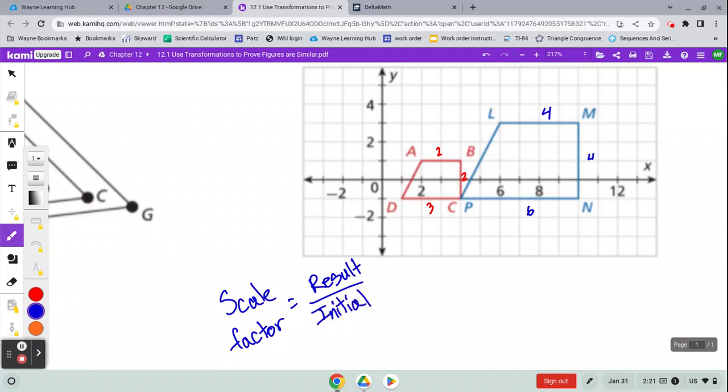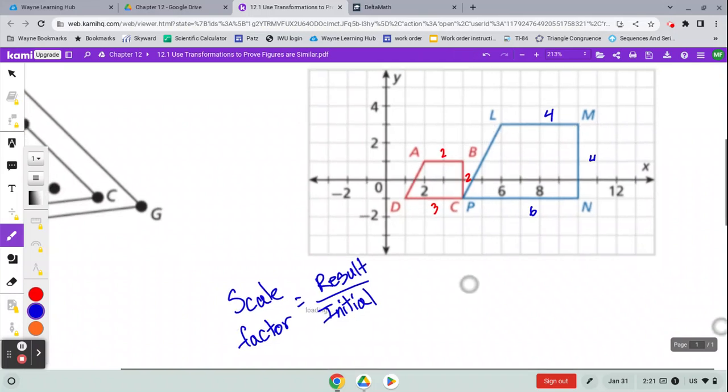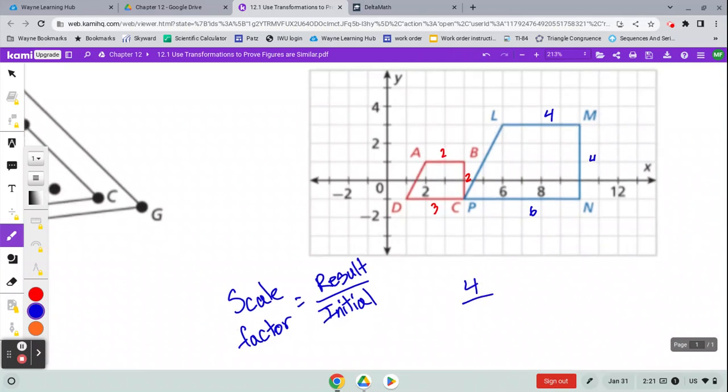For example, if AB is my initial amount, my result, LM, is 4 over 2. So my scale factor between those sides would be 2 to 1, or 2.